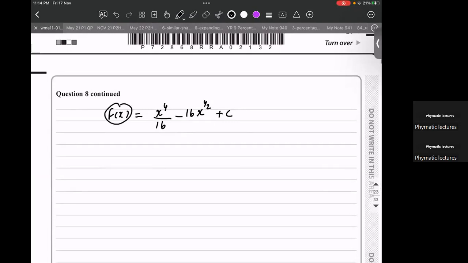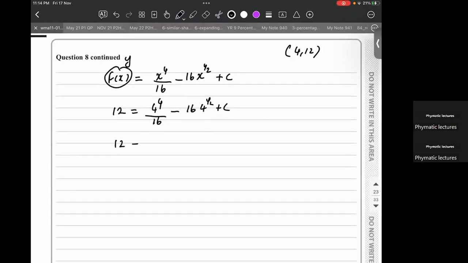f of x is y. So we know that it is passing through 4, 12. In place of y, you substitute 12. In place of x, you substitute 4. 12 is equal to 4 raised to 4 by 16 minus 16 times 4 raised to 1 by 2, which is 2, plus c.